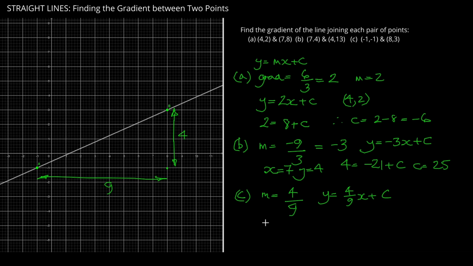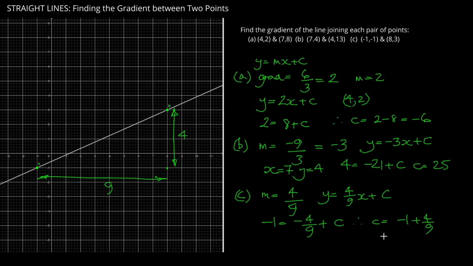So we've got negative 1 is equal to negative 4 over 9, x is now negative 1, plus c. So therefore, c is equal to negative 1 plus 4 over 9.